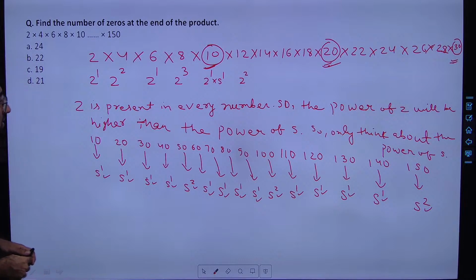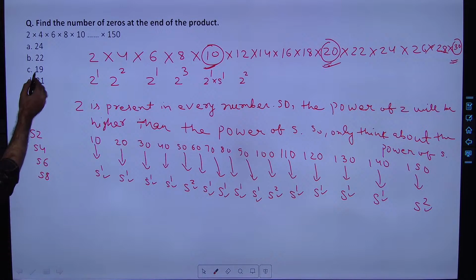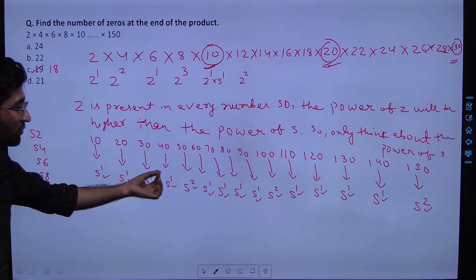Okay, sorry. 52, 54. No, there is no 5. There is no 5 in 52, 54. Right? There is no 5. So 18 will be the correct answer. We can make C as 18. Right? Which number did you count more?